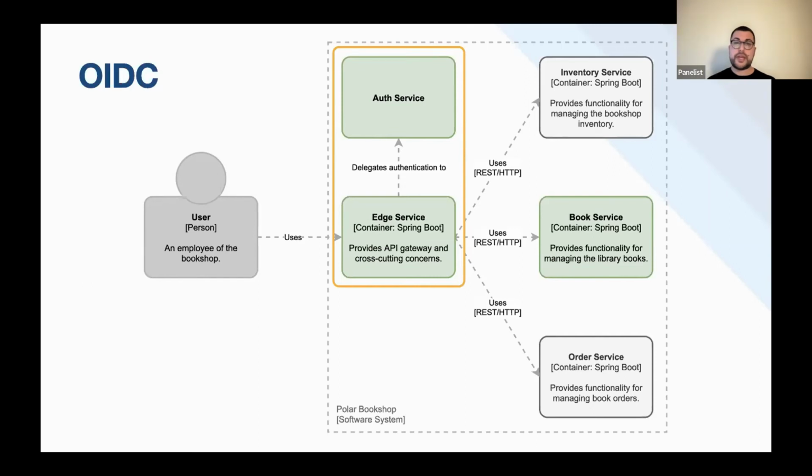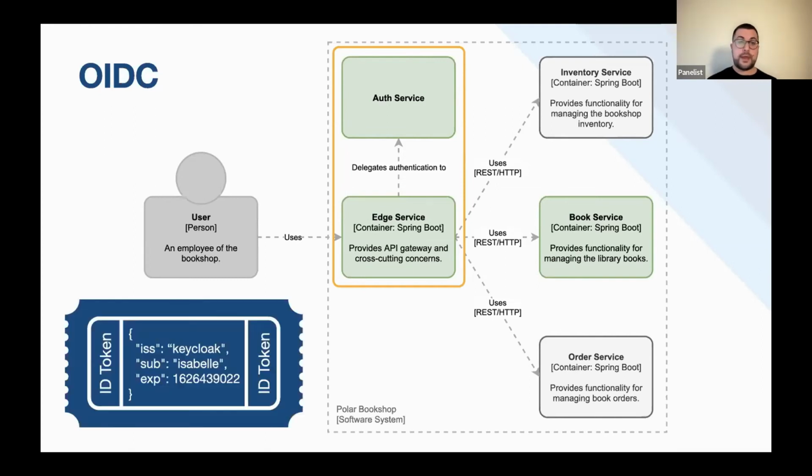And the nice thing is that we isolate the concerns regarding how we want to authenticate the user into one single service, because Edge service will speak the OpenID Connect language and receive an ID token with all the information about the user identity.